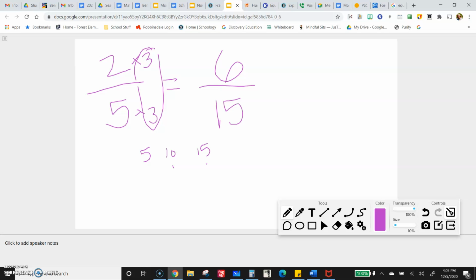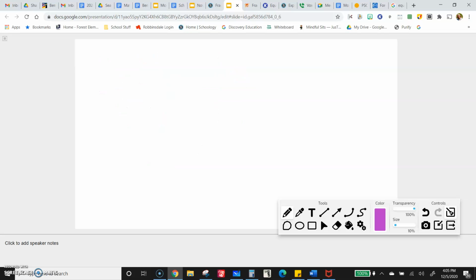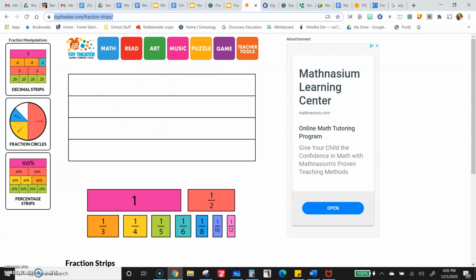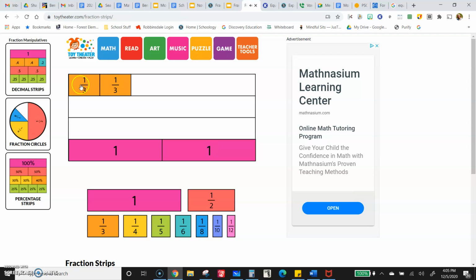Now, one thing I did want to show you is I'm including a link to this on your assignment. It can be helpful to visualize. Now, it won't work for all of them because sometimes the pieces are really big. But if I say I have some thirds, keeping in mind that that's how big a whole is, so this whole thing is not 1, it's really actually 2. But 2/3.